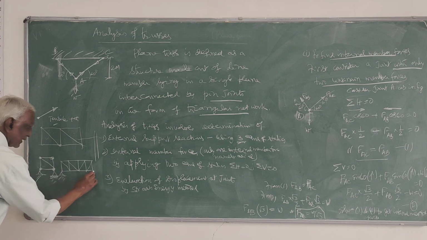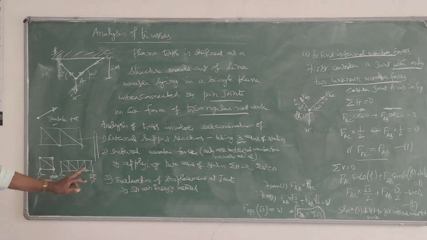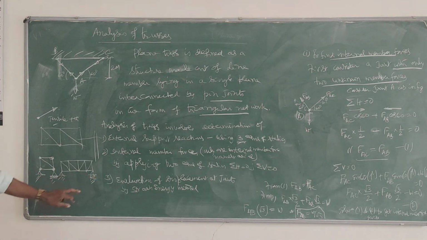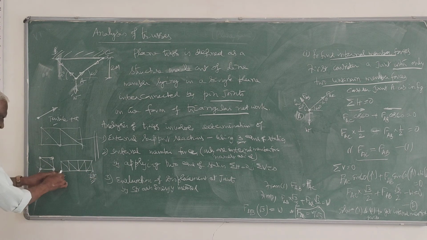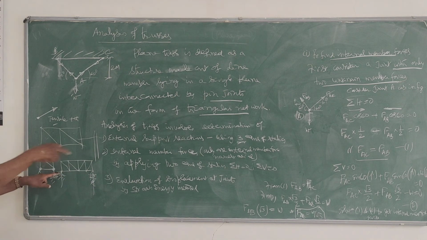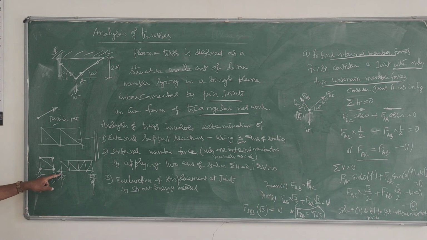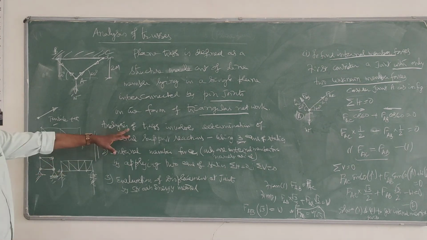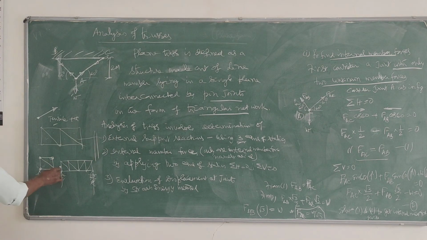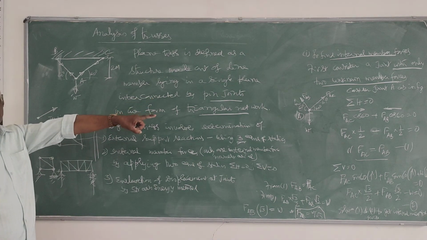Of course, again, here it has to be externally determinate. We should have only a hinge and a roller. You take moment about this hinge point, you can find this vertical reaction. You take sigma H equals 0, you can evaluate the horizontal reaction, sigma V equals 0, finally you can evaluate this. So after doing this, you find any joint where not more than two members are there.